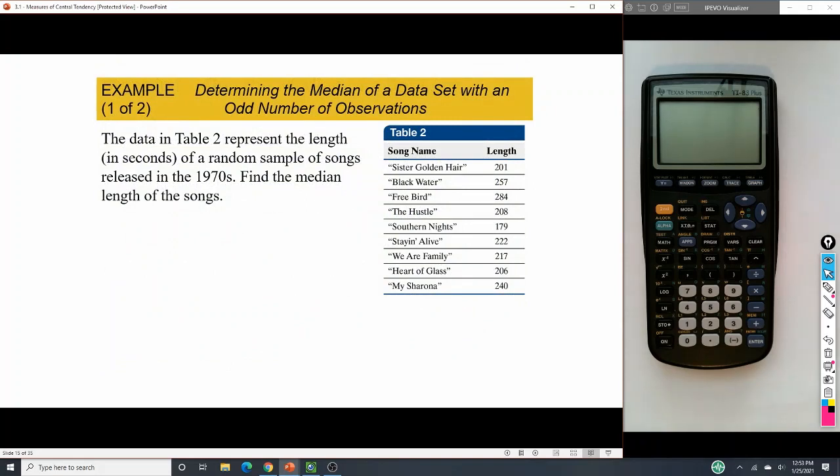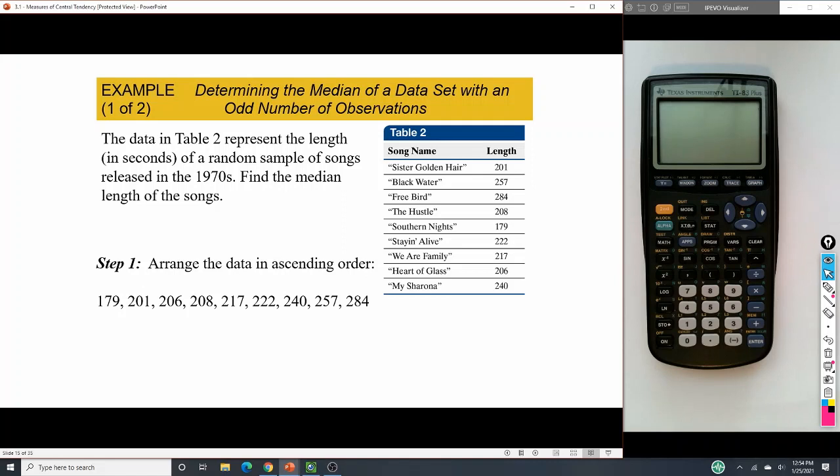All right, so here we have another data set. We're looking at songs and their length, and so the first thing we do is we put it in order. Now, when I'm doing these, I don't worry about doing that formula. What I do is some strike throughs to help me do those pieces a little faster and not have to worry about memorizing that.